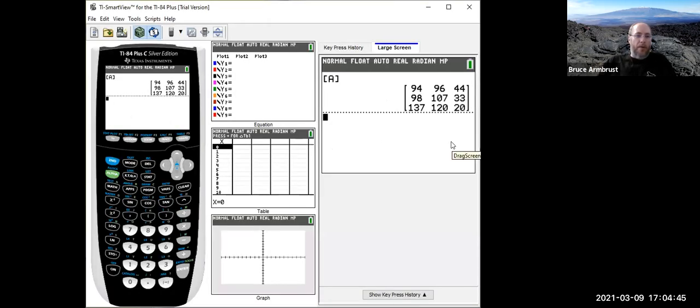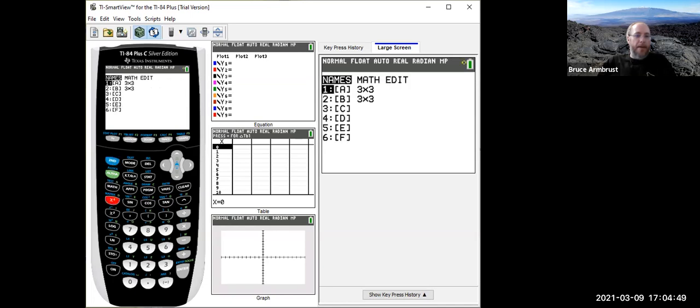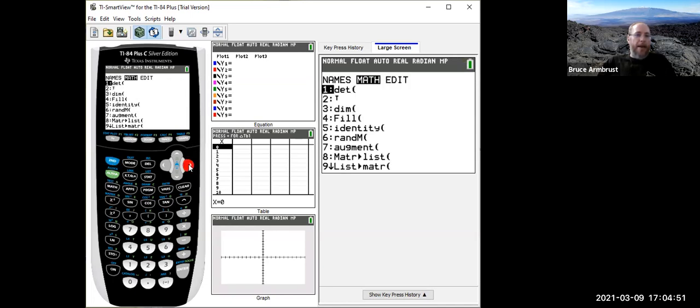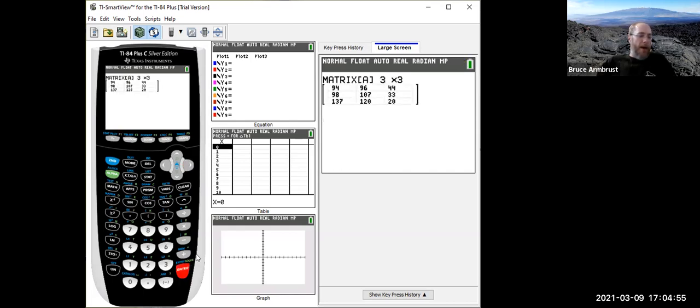Let's go back to the matrix, and we're going to edit A. We don't want 3 by 3, we want 2 by 3, because remember, we only had 2 options, either a cesarean birth or not a cesarean birth. So we put in our numbers: 44, 28, 39, 56, 50, and 55.